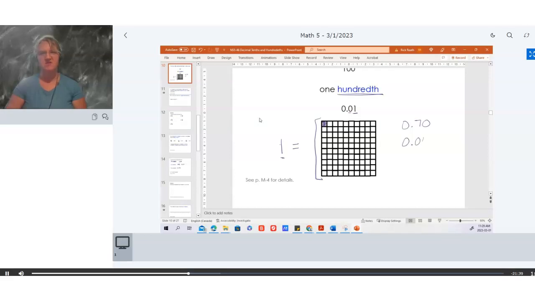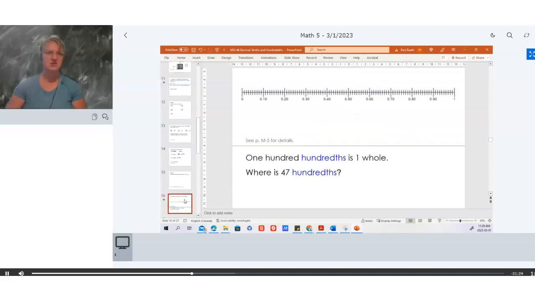If we have 4/100ths or 0.04, then we would only have 4 of them colored in. Okay, keep those straight because sometimes it can get really confusing. Think about what it is that they're asking before you do it.